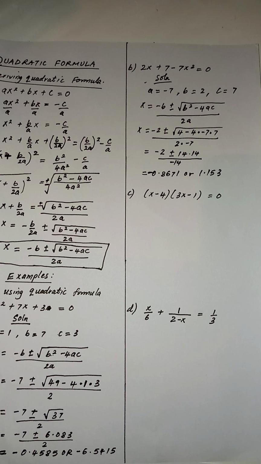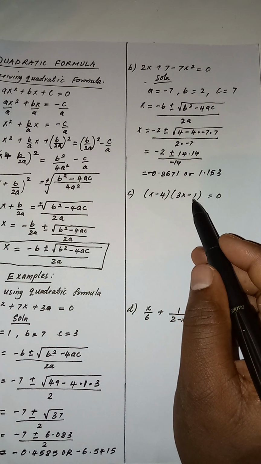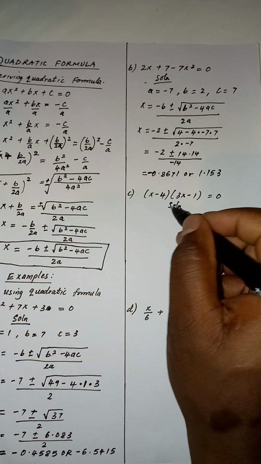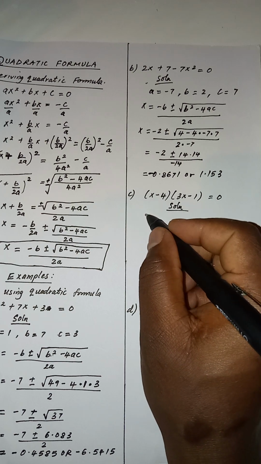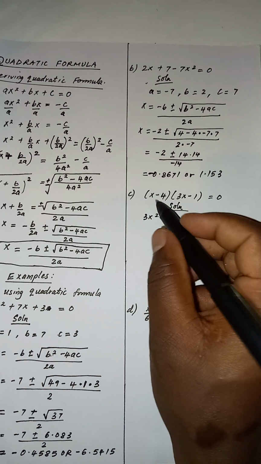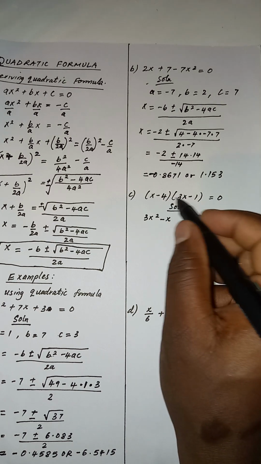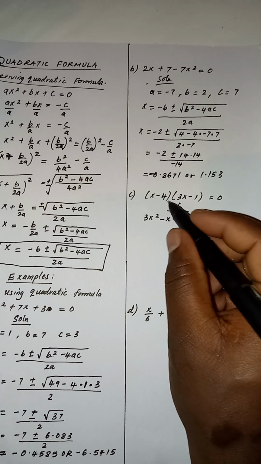Example C, we have x minus 4 into 3x minus 1. We need to simplify that first. So x times 3x will give us 3x squared. X times negative 1 will give us minus x. Negative 4 times 3x will give us minus 12x.